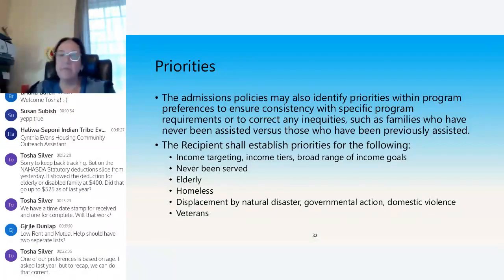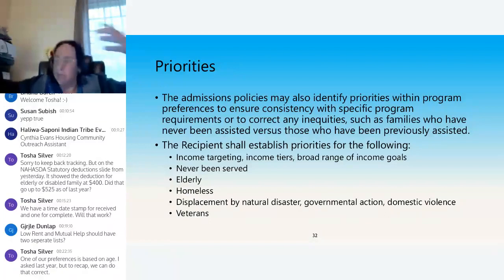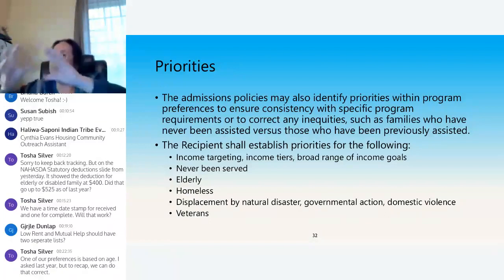Those are some of the priorities that you can put into place within your policy. You don't have to. You can say, we're going to go first come, first served. But you're usually going to want to say something like tribal members or tribal families, or at least have a little bit there. But there are some places that do it by lottery, as long as you do it consistently, and that's what's in your A&O policy, okay?